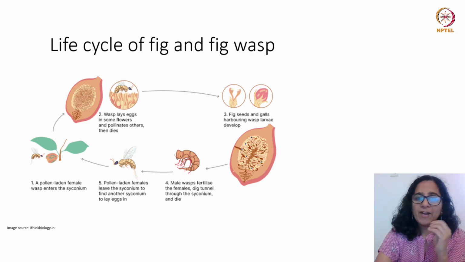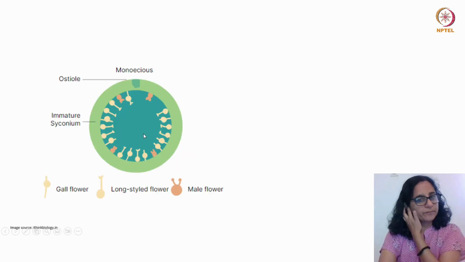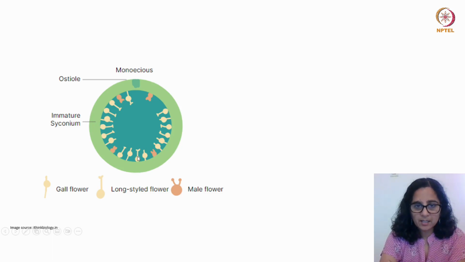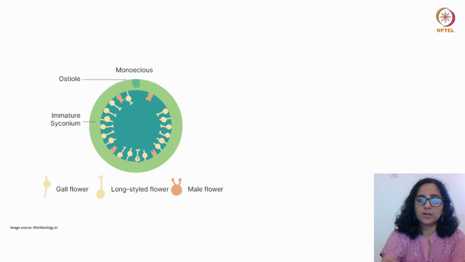So where does it lay eggs and which flowers does it pollinate? Remember I told you about long styled flowers and short styled flowers. In the long styled flowers, it can't put eggs, I mean eggs of the wasp.